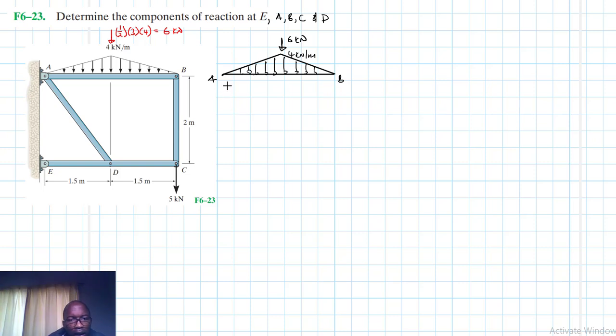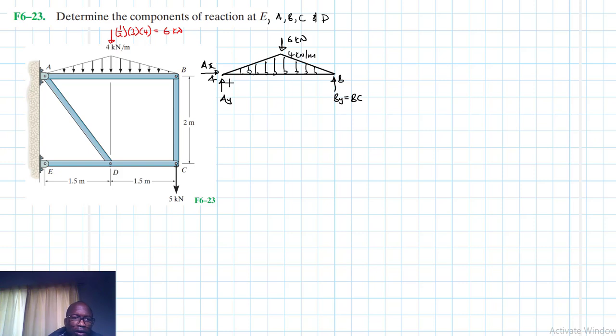Right, so at A, we are going to have these reaction forces. We'll have AY, and then we'll also have AX, like so. Then at B, we'll have BY, which is equal to BC, because we have that two force member.